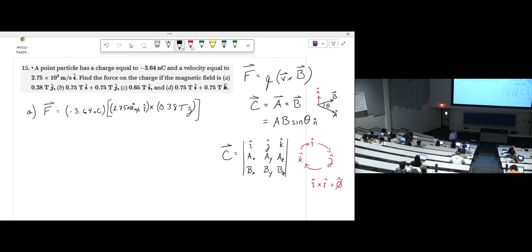And what you'll do is you choose I hat, for example, and you start walking along the diagonal here. And what that tells you is, okay, I hat times ay times bz is how you would multiply that out.